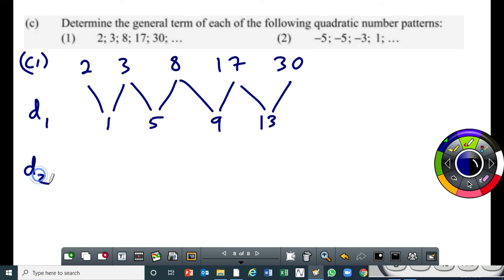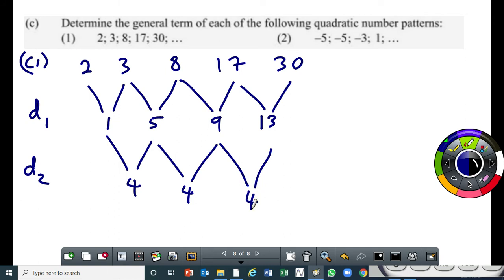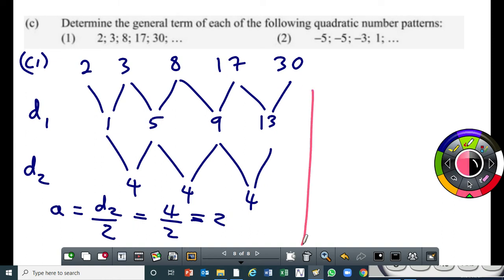Then the second differences are going to be 4 and another 4. Remember, we calculate A first. So A is going to be D2 over 2. It will be 4 over 2, which is 2. It's very easy. So I found A. So you must remember the equation A is equal to 2.